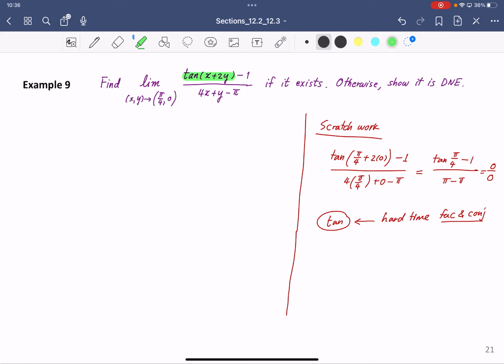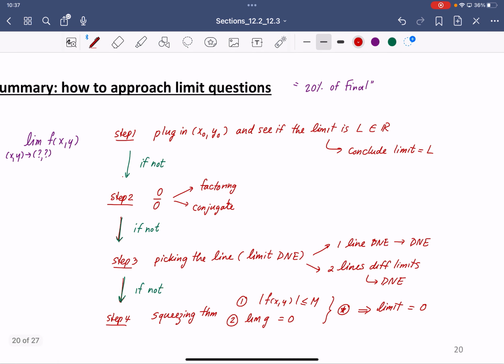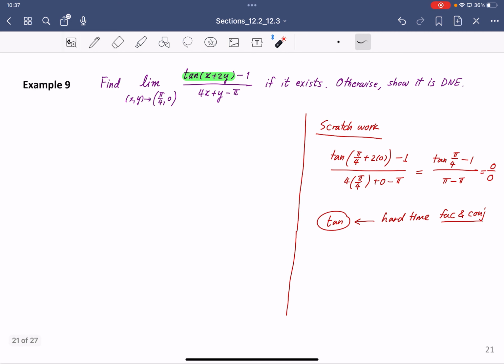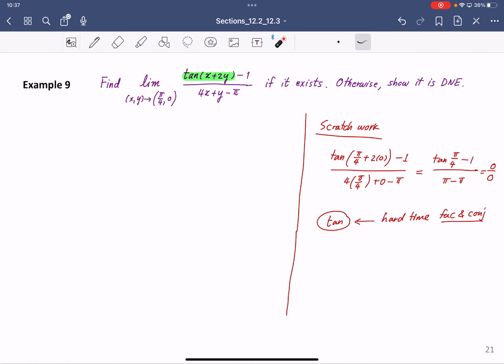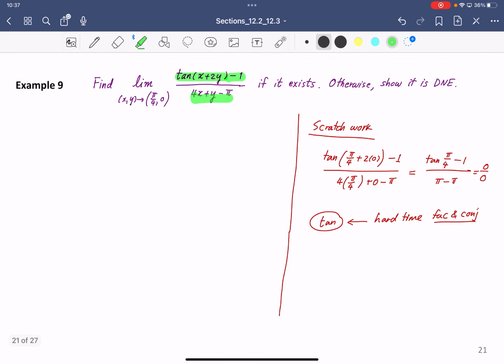So we're going to pick the line. You can see that we follow the steps: we plug in, we get 0 over 0, we don't use factoring because it's super hard, so we pick the line. If I pick the line and keep getting the same number, then we use the squeezing theorem. So what line can you pick here?